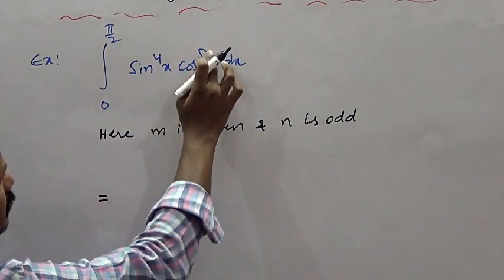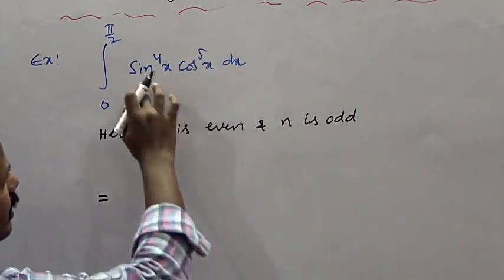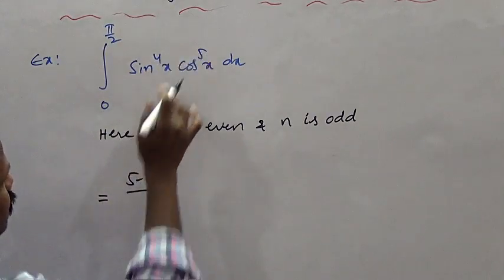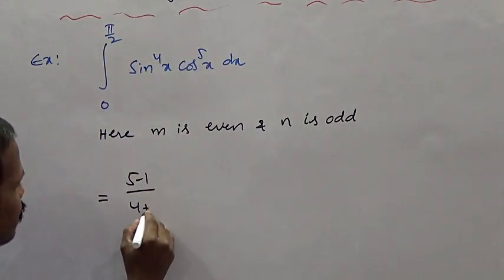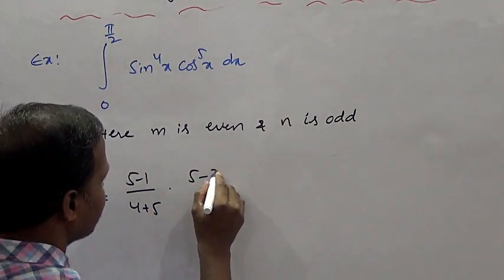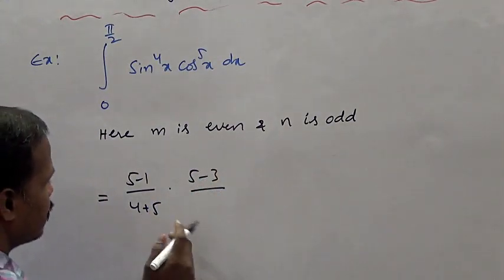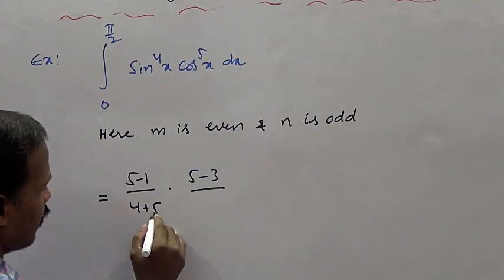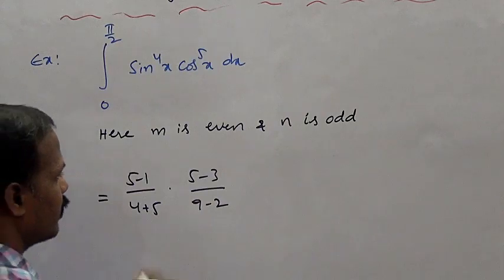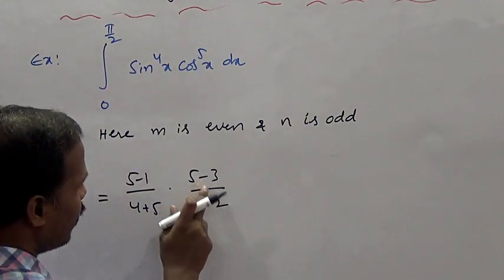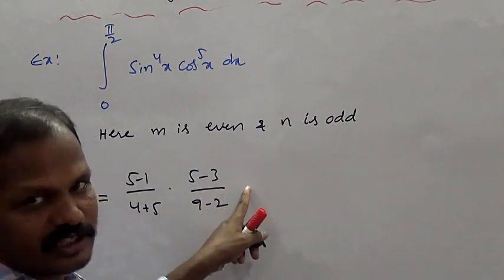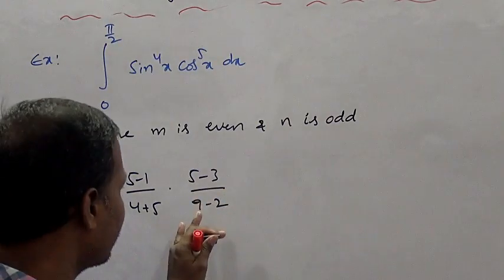You have to start from here, n minus 1 by m plus n, that is 5 minus 1 by 4 plus 5, into 5 minus 3 by, this is 4 plus 5, 9, so 9 minus 2, that is 2 by 7. If you continue the reduction, this becomes 0. So just stop it here.